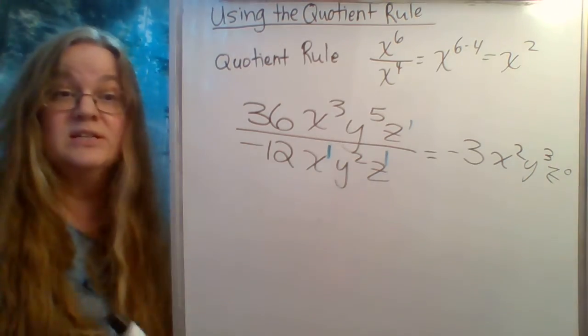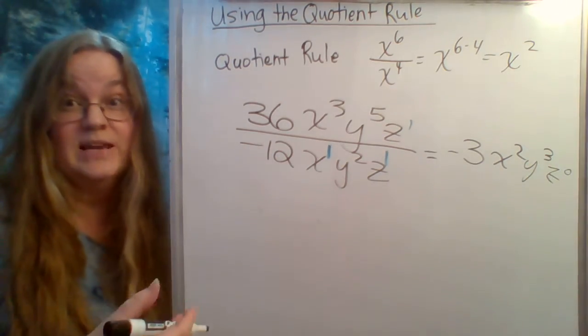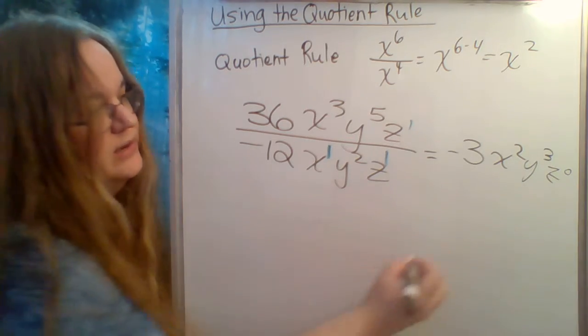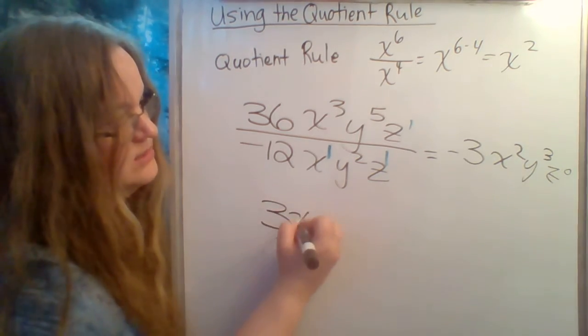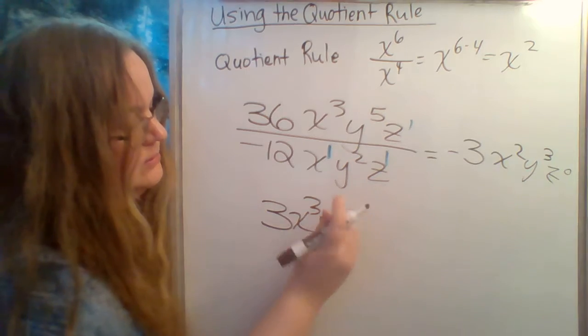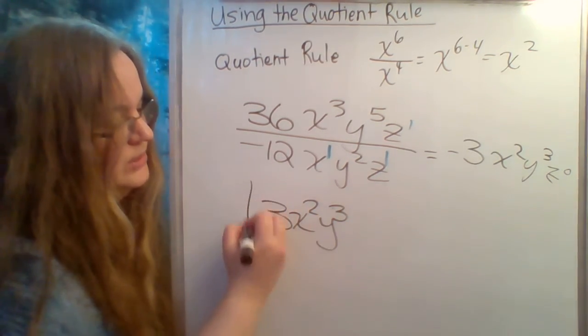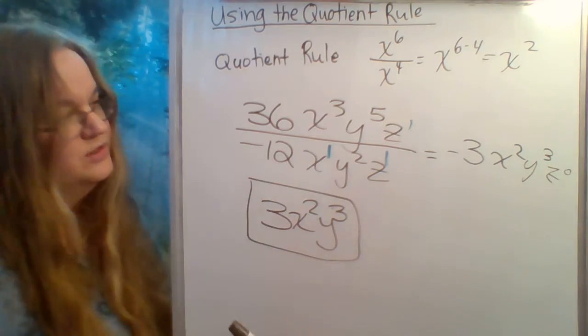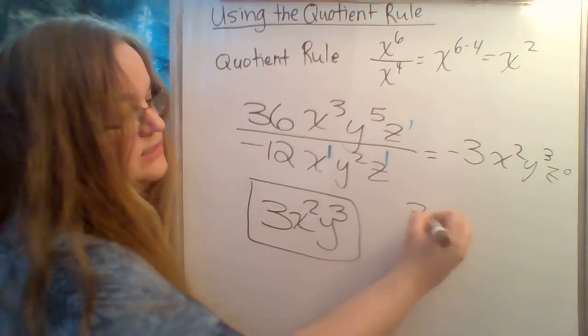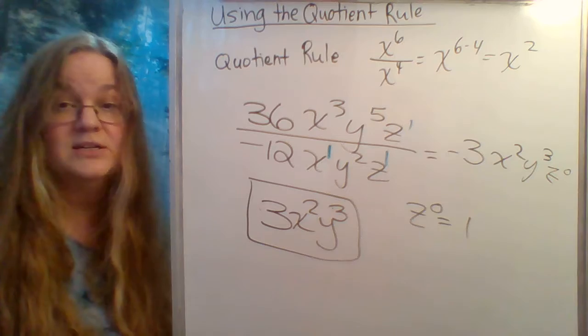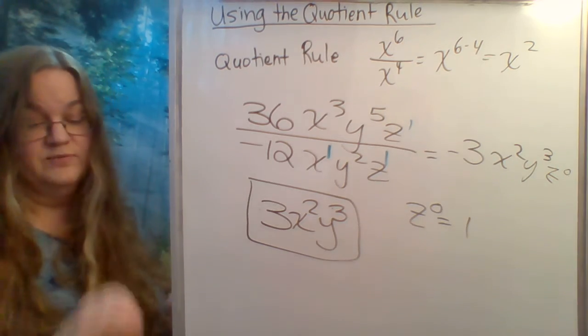And of course, z to the 0 power is the same as 1, so it goes away. So my final simplified answer, oops, that was a 2, would be negative 3x squared y to the third. Because again, z to the 0 power is 1, because anything to the 0 power is 1 except for 0.